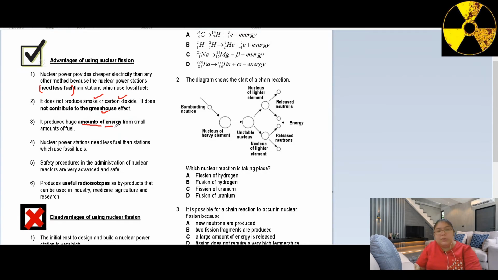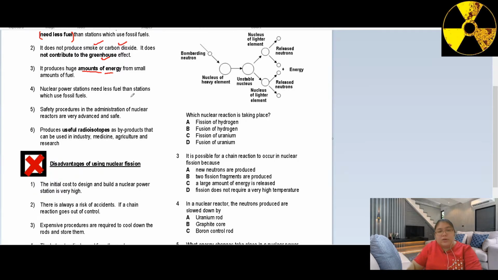Sure, this is compared to hydroelectricity or burning, and nuclear energy is bigger so many times. A nuclear power station needs less fuel than the normal fossil fuel. Okay, safety procedures, because of high technology, it is also advanced and safe.